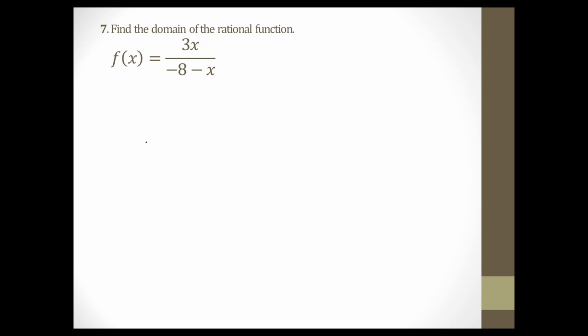So for this problem, we do have a variable in the denominator, negative 8 minus x. So remember that anything divided by 0 is undefined. So we don't want the denominator to be equal to 0 because that will make our function undefined.